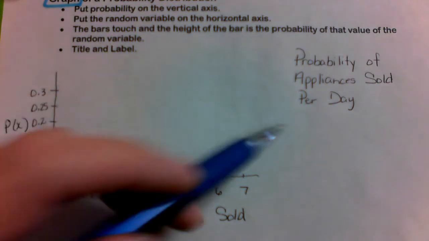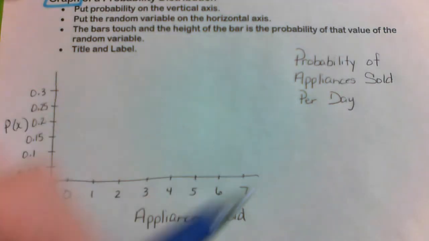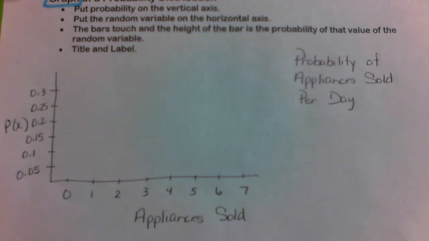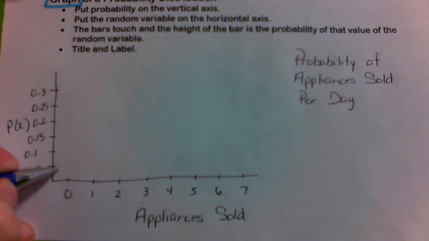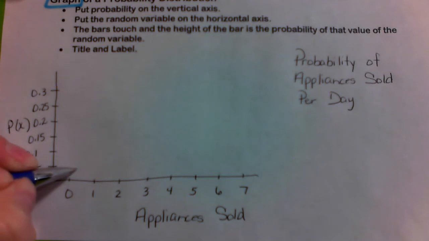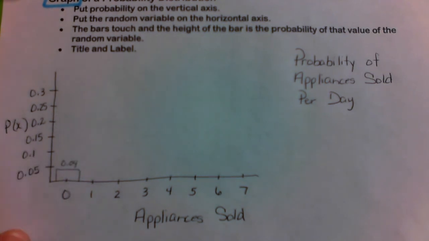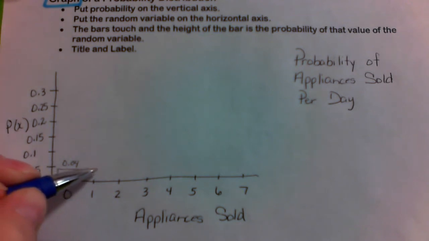And then title and label. So I went ahead and titled it. I've already got that written here, and then I've labeled. So the probability of selling 0 appliances was 0.04, and I always put the number above my bar. Then 1 appliance was 0.3. Now be careful, do not put 0.3 smaller than that.